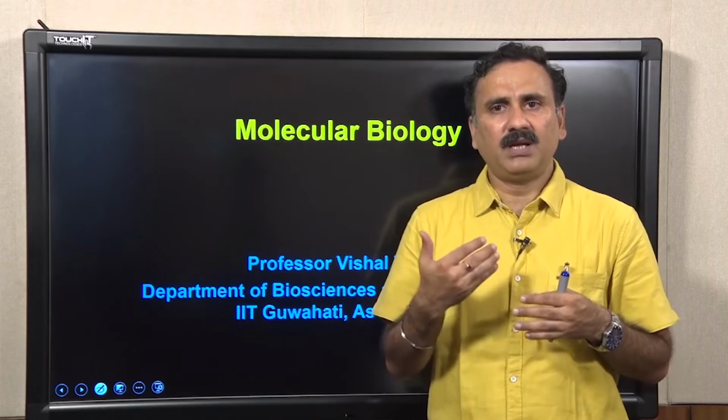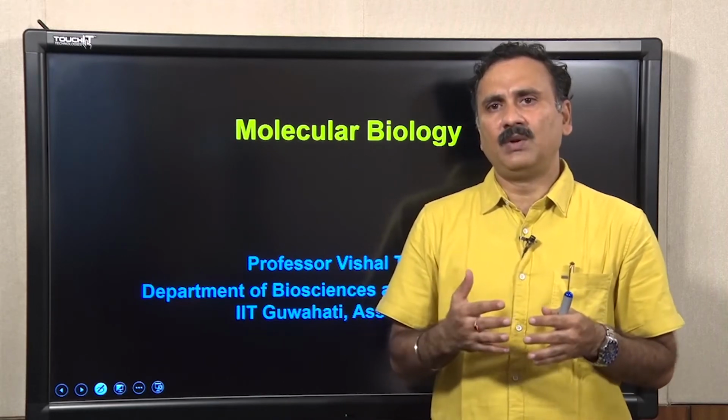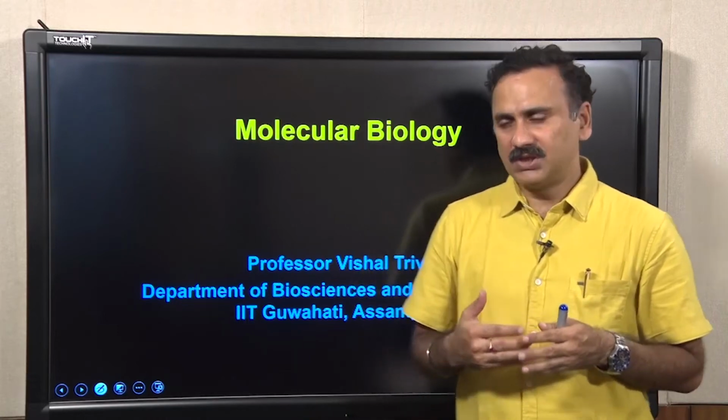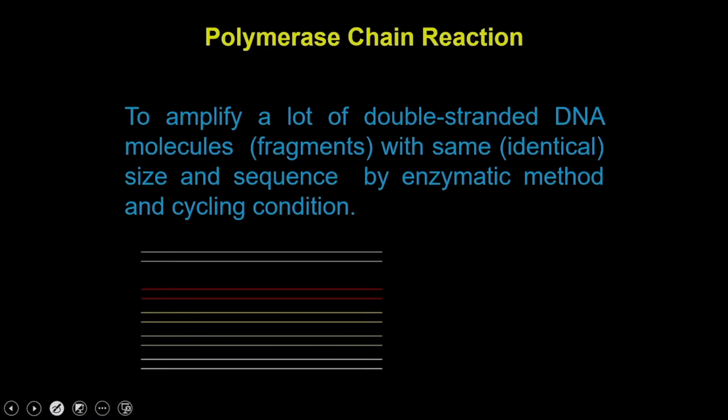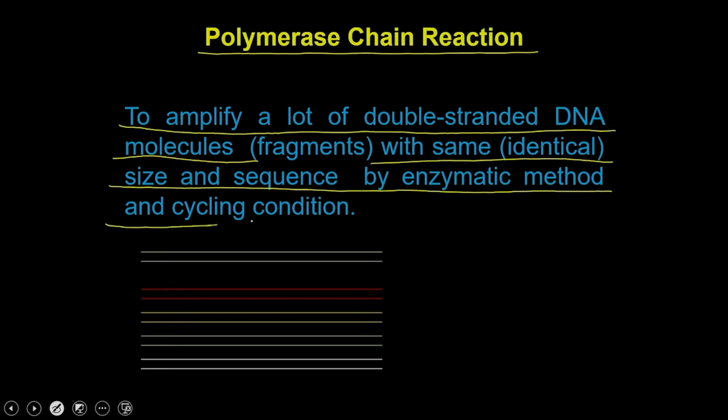When we talk about DNA, it is amplified with a technique known as the polymerase chain reaction. As the name suggests, the polymerase chain reaction is a technique which is used to amplify a lot of double stranded DNA molecules with the same identical size and sequence by an enzymatic method and cyclic conditions.